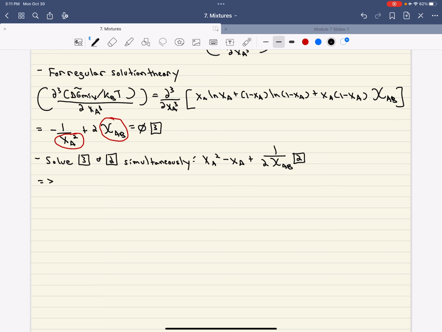To get Tc, we need to relate it to our interaction parameter. If you remember, from the definition of the interaction parameter, we defined the following, so that the interaction parameter obeyed this equation.